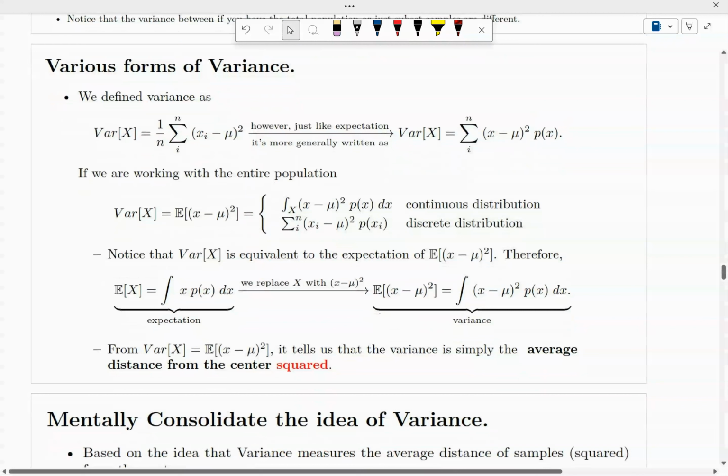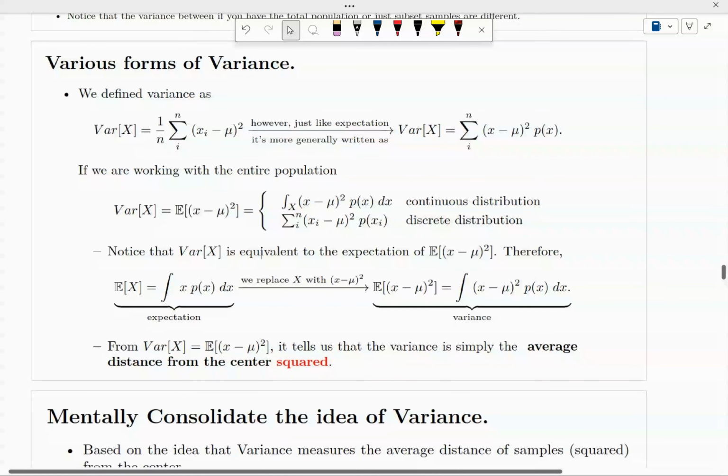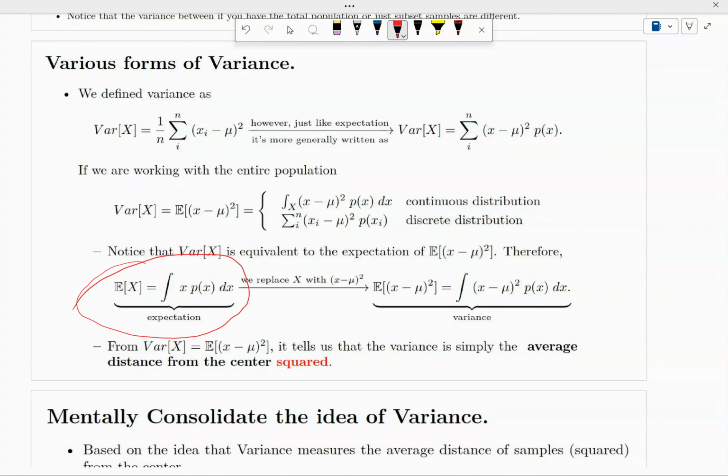All right, so if we're working with the total population, then for a continuous domain, this equation transforms into an integral. Okay? If it's discrete, it's the same equation. Okay. Now, another thing you want to notice is that when we have expectation, we previously learned that we can also have the expectation of a function, right?